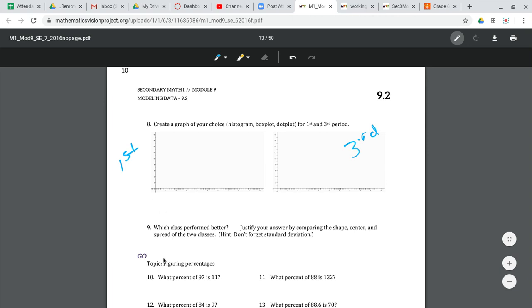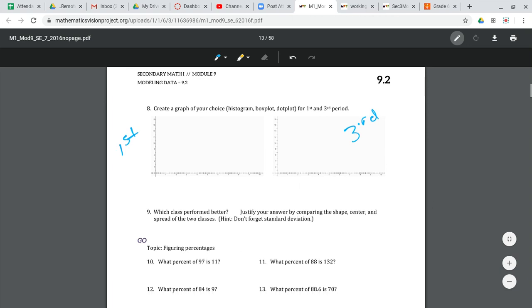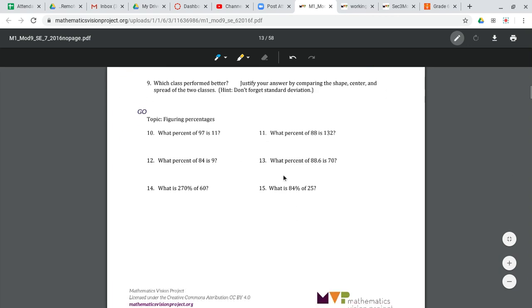All right, the next section. So figuring percentages. So for number 10, what percent of 97 is 11? In order to find this, we're going to take 11 and divide it by 97. When we do that, we get 0.113.